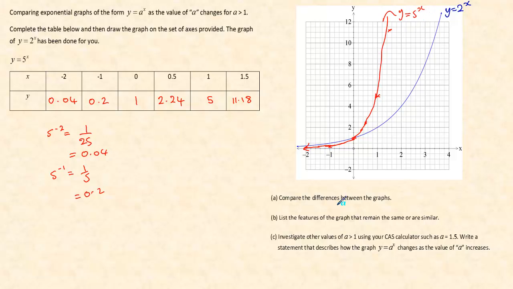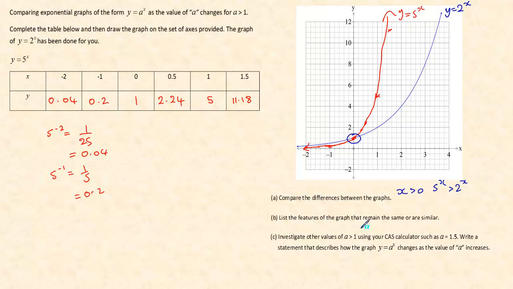So, differences between the graphs. Well, if we look over here, where x is greater than 0, then 5 to the x is above the 2 to the x, and it goes up much more steeply. Over here, it's below, so they cross at this point just here.